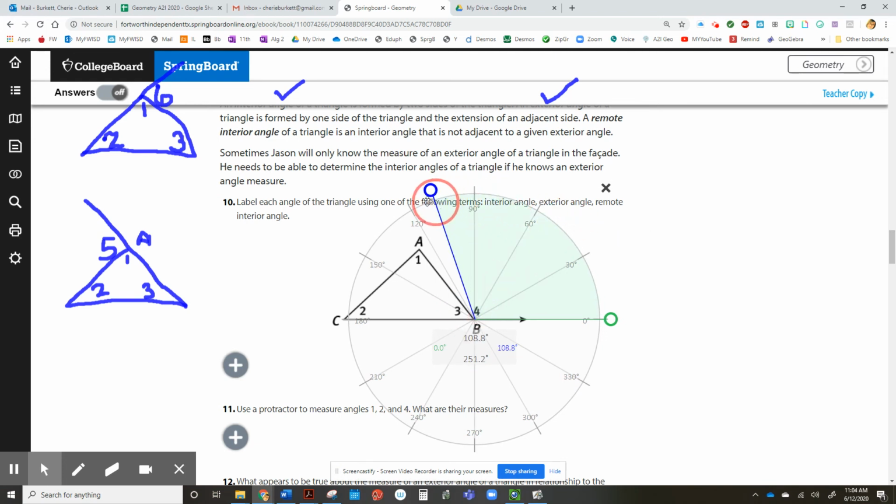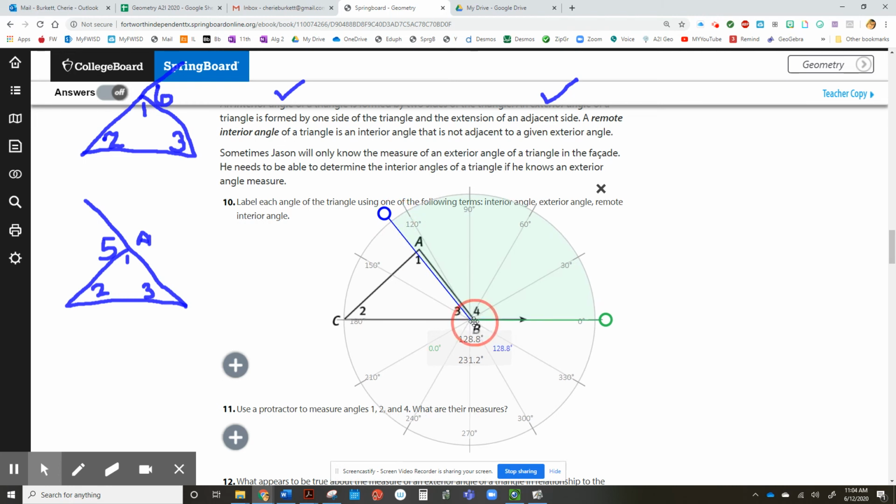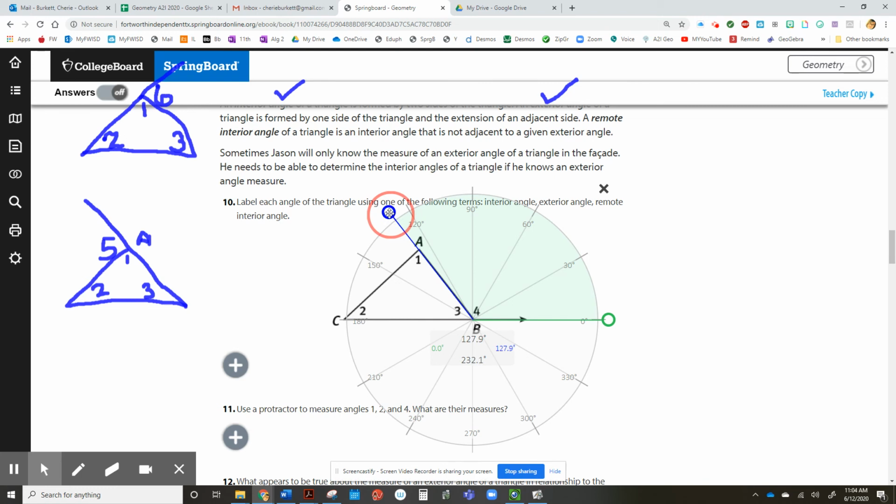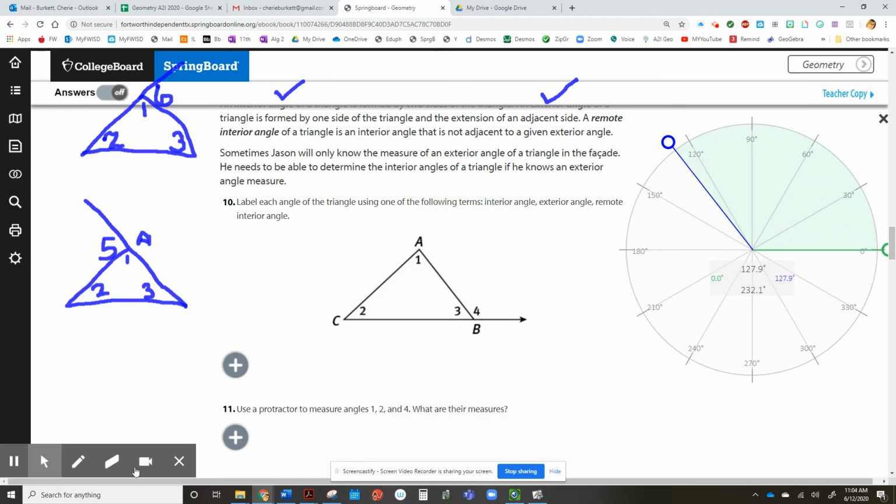I'm going to swing this around until it lines up right on top of angle A. It should be really close to laying right on top of that line segment. That looks pretty close. It says 127.9, so I'm going to assume that's close enough to 128 degrees that I would write down 128 degrees. So I'm going to move this over here and write this one down: 128.